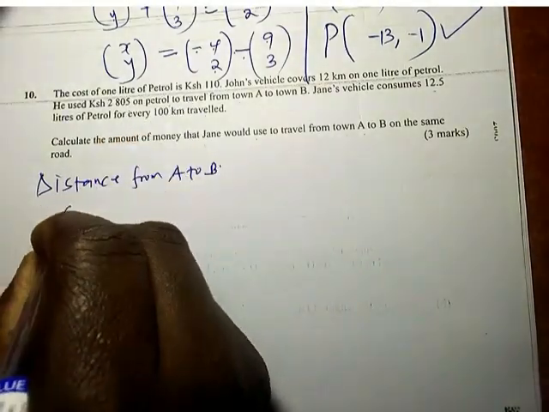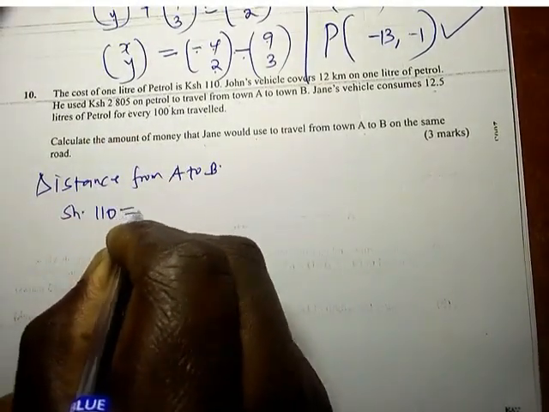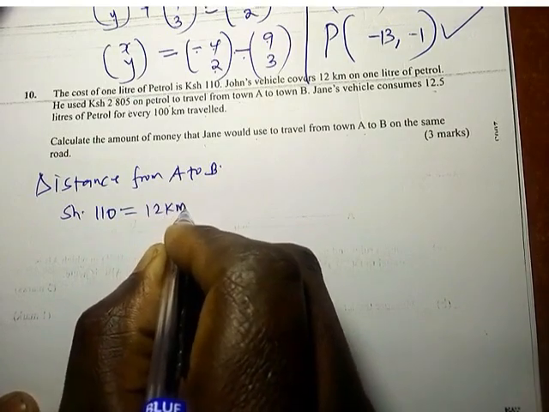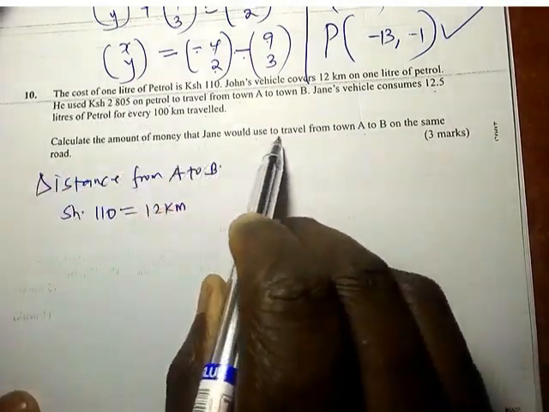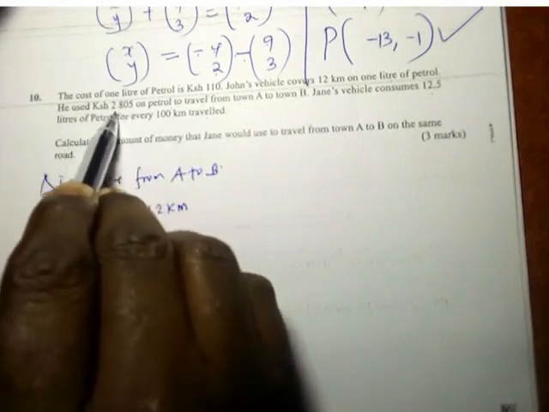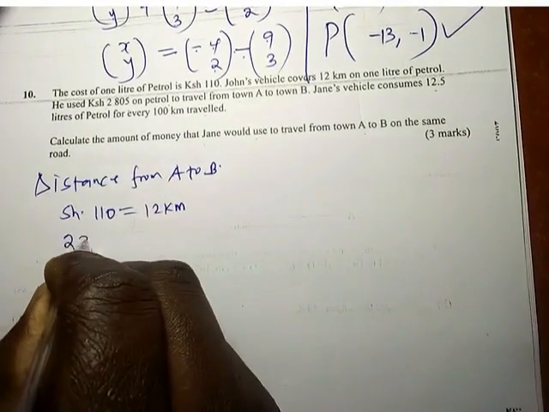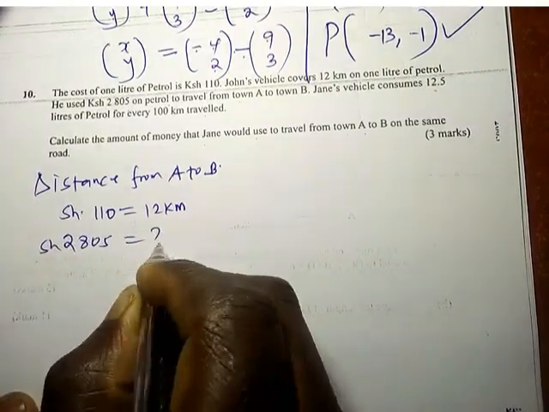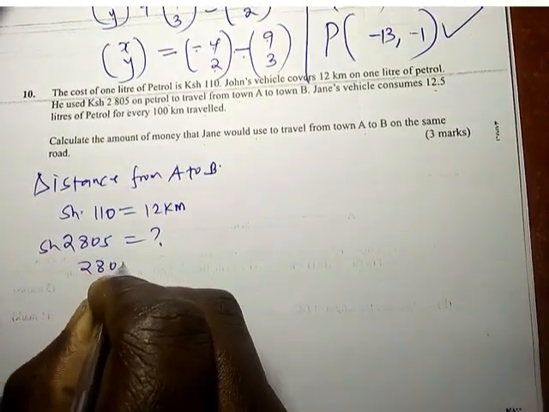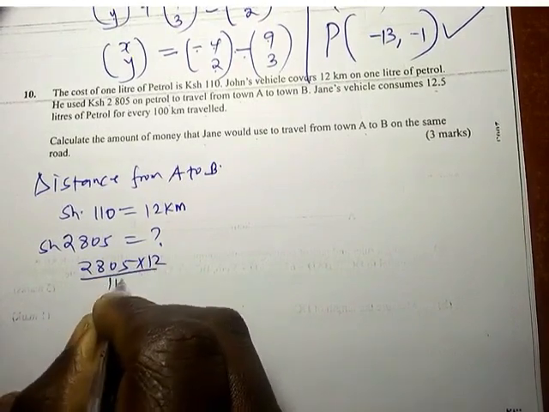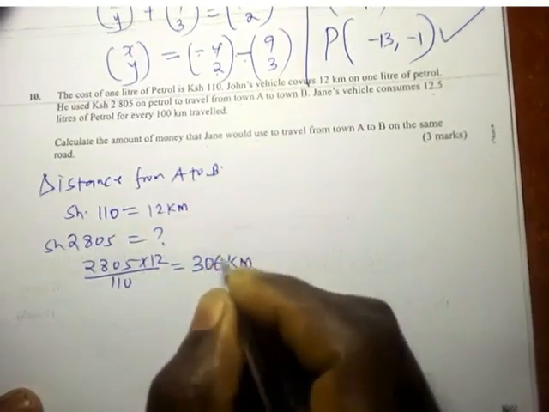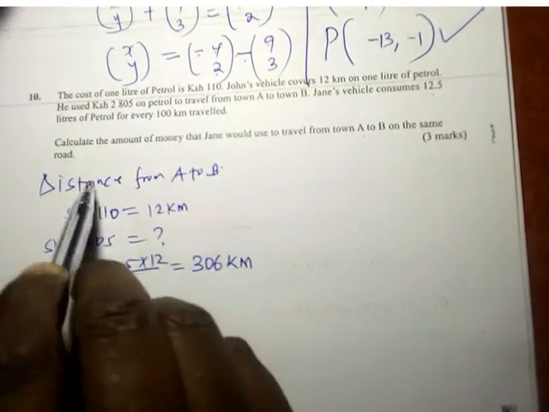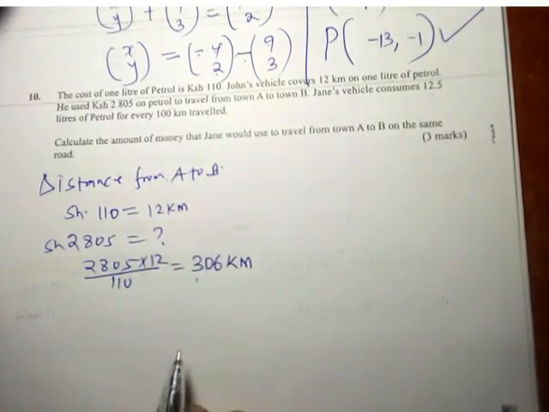If he uses 110 shillings for 12 kilometers, we would ask if he spent 2805 shillings, how much distance would he have traveled? 2805 times 12 divided by 110 gives us a distance of 306 kilometers. So the distance from A to B is 306 kilometers.